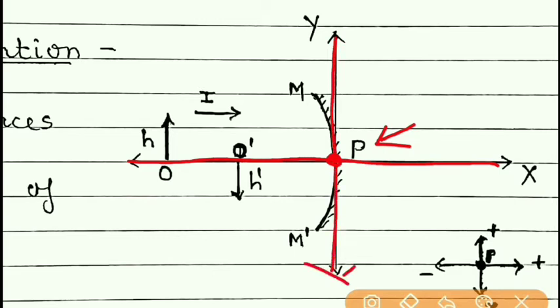This is the y-axis along which the mirror is placed, that is, we can say the mirror is placed vertical, and this line, the principal axis passing through the pole, is horizontal.